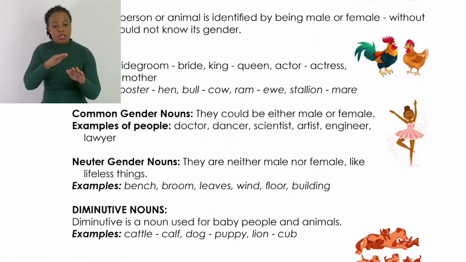So they are called neuter gender nouns. They are neither male nor female, like lifeless things. For example, a bench, a broom, leaves, wind, floor, or buildings.